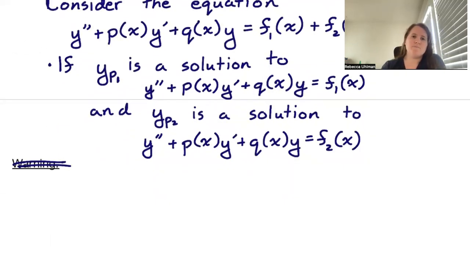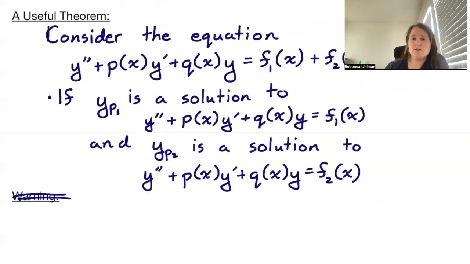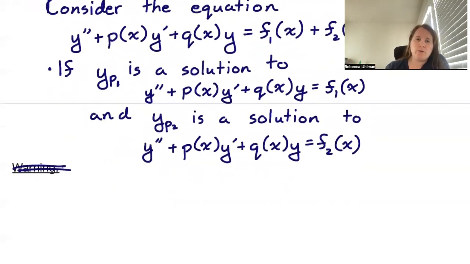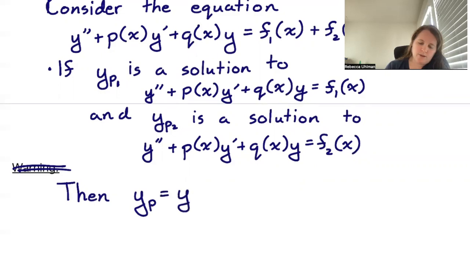So if we have a solution to the non-homogeneous equation with just f1 on the right and the non-homogeneous equation with just f2 on the right, then if we take yp equal to yp1 plus yp2, this is a solution to the original equation.